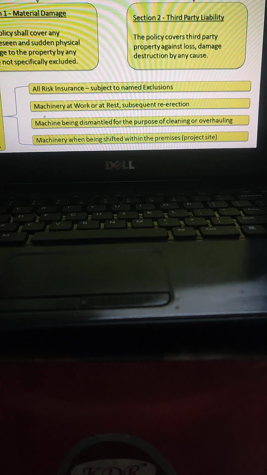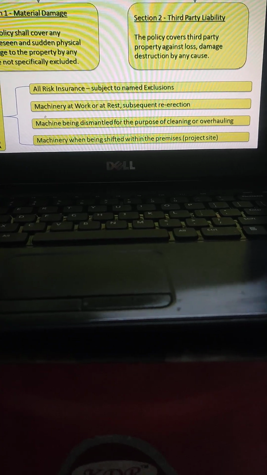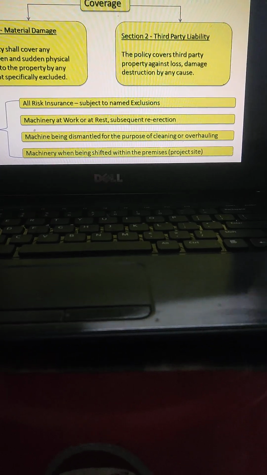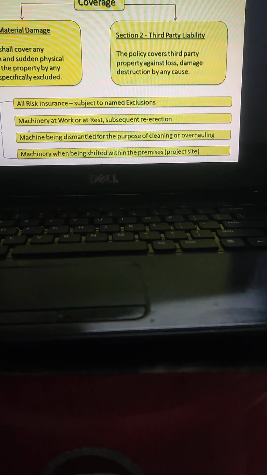Machinery at work or at rest, subsequent erection, machine being dismantled for the purpose of cleaning or overhauling, machinery when being shifted within the premises, are all covered under the material damage section. Then section 2 covers the third party liability. This third party liability covers the property against loss or damage or destruction by any cause.